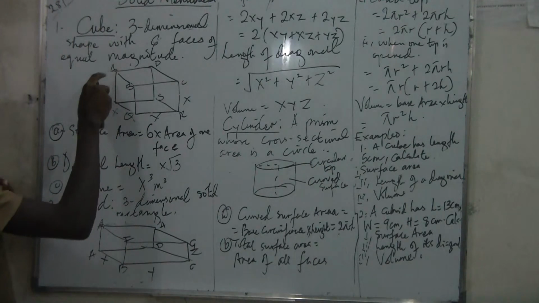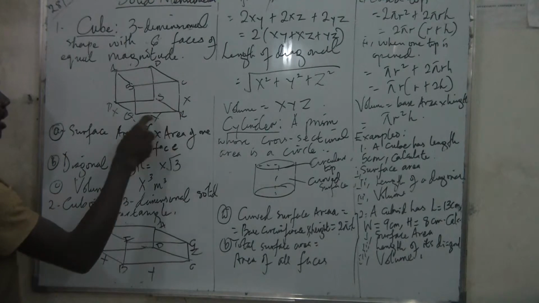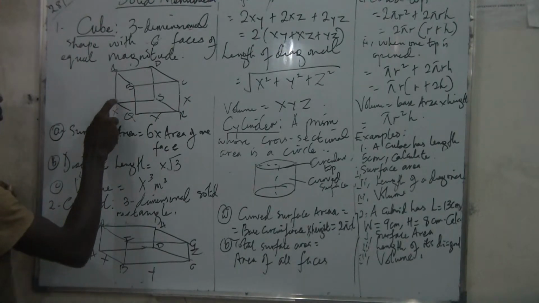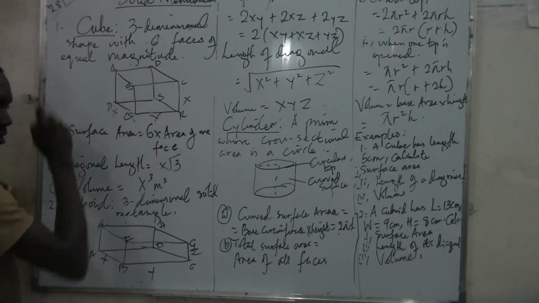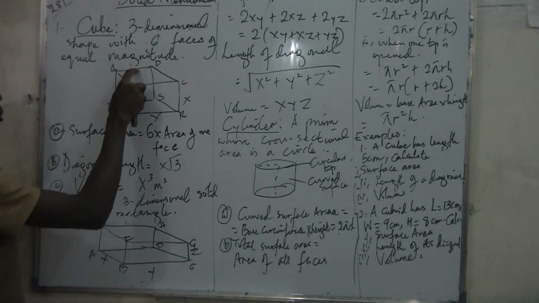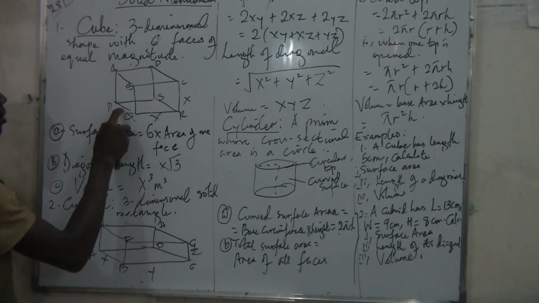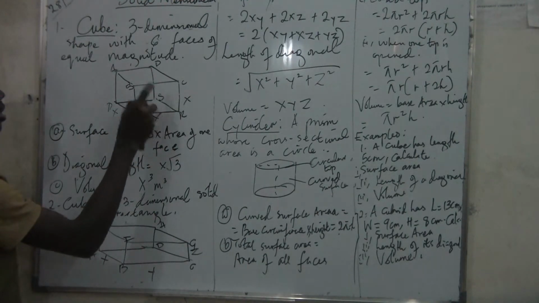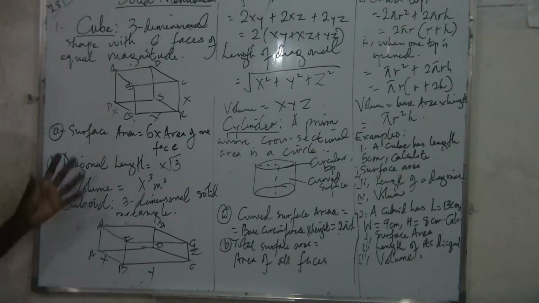Vertices are the corners here. 1, 2, 3, 4, 5, 6, 7, 8. It has 8 vertices. And how many edges? 1, 2, 3, 4, 5, 6, 7, 8, 9, 10, 11, 12. There are 12 edges in a cube. So the first shape, like I said, we'll look at is a cube.